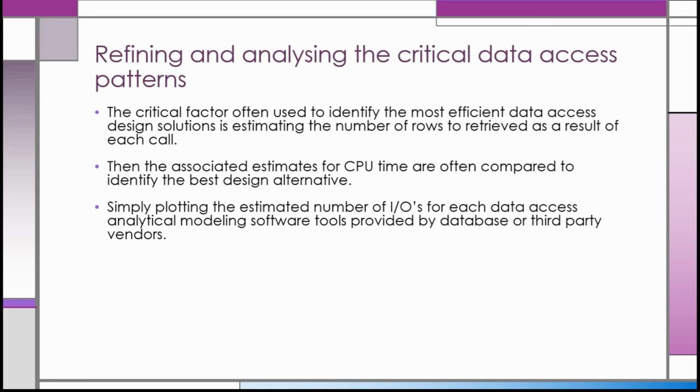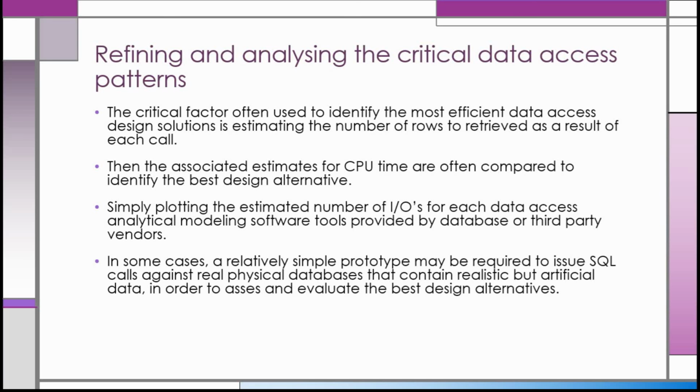In some cases, a relatively simple prototype may be required to issue SQL calls against real physical databases that contain realistic but artificial data in order to assess and evaluate the best design alternatives. This means we have to use dummy data with an almost equivalent number of records so that we can ensure that our prototype will be realistic.